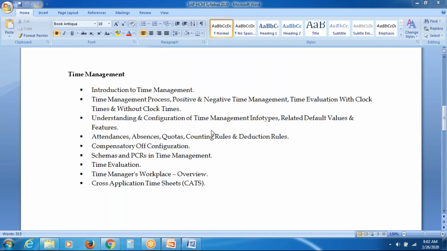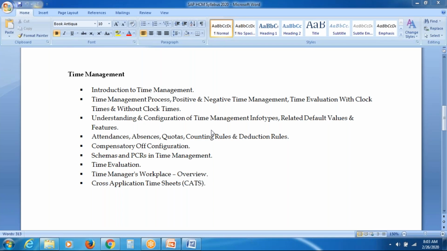And then finally, before actually running the payroll for the employees, the time evaluation has to be performed. That means for each and every employee for that particular payroll period, it might be monthly or weekly or bi-weekly, whatever it is, the system has to calculate how many days the employee has taken leaves, or how many are going to be the loss of pay hours, or how many overtime hours the employee has booked.